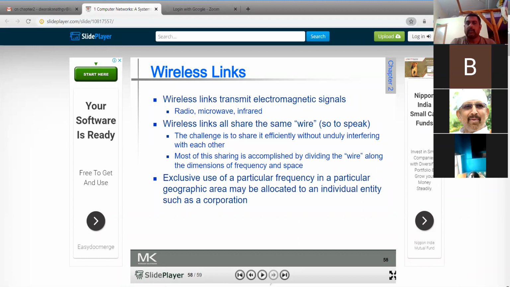So what the second sentence is telling, you can observe: most of this sharing is accomplished by dividing the wire. Here, not a wire, that's along the dimensions of frequency and space. Whatever the space, you must be within that particular space, that is 100 meters or 200 meters of your access point capacity.